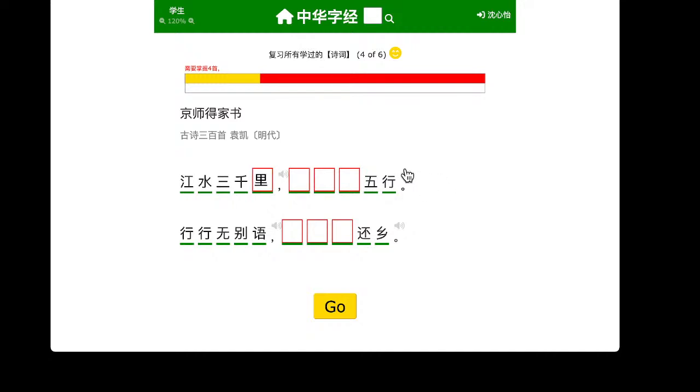What is this? 家书15行，家书是这个书吗？15，这不是15行吗？应该是15行，他这个 computer 念得不对。That's why you gotta get people. This is unacceptable.